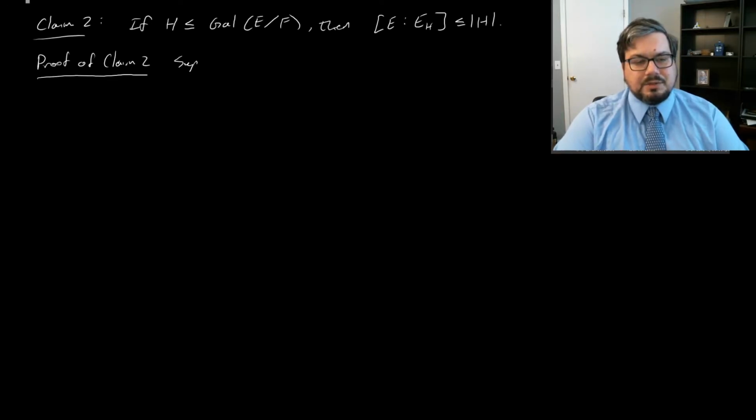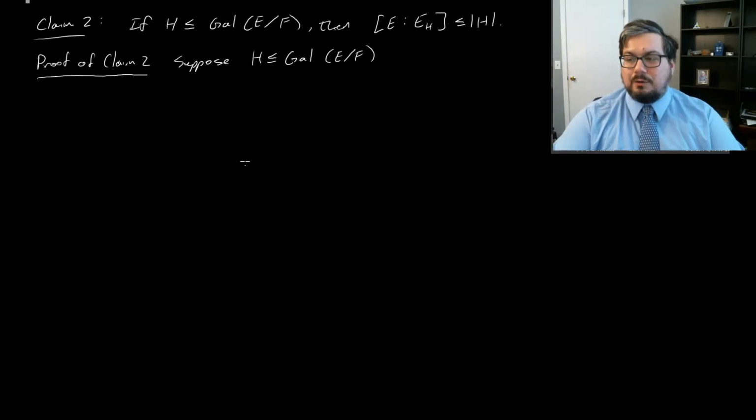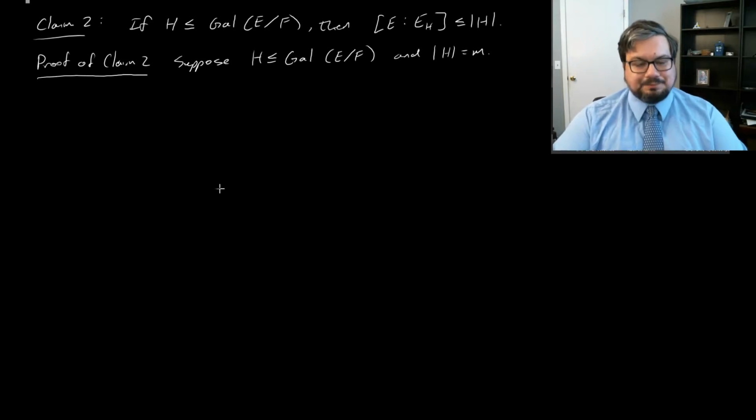Let's suppose that H is a subgroup of the Galois group of E over F, and let's suppose that the order of H is equal to M.